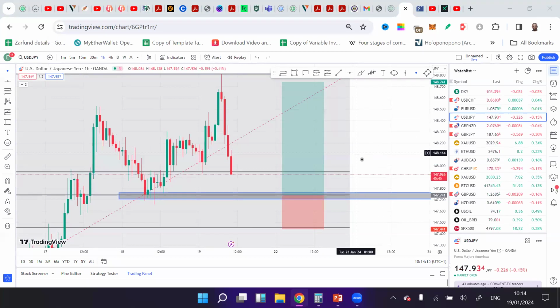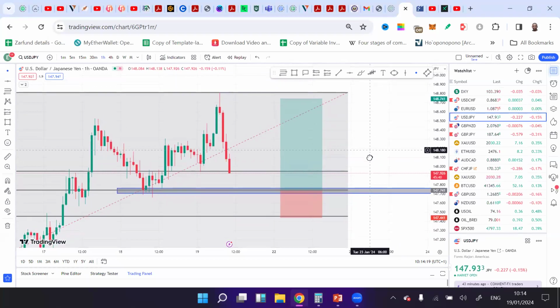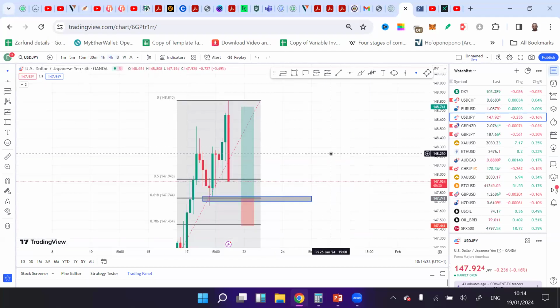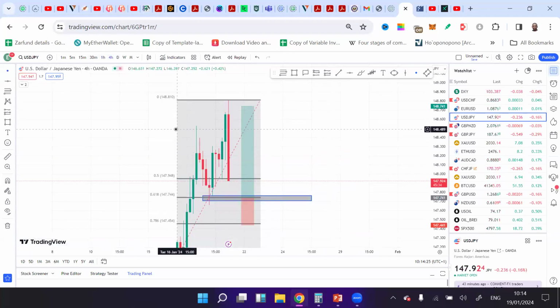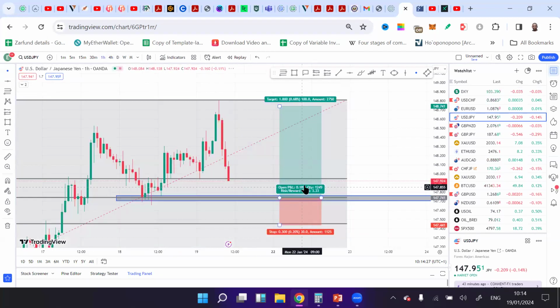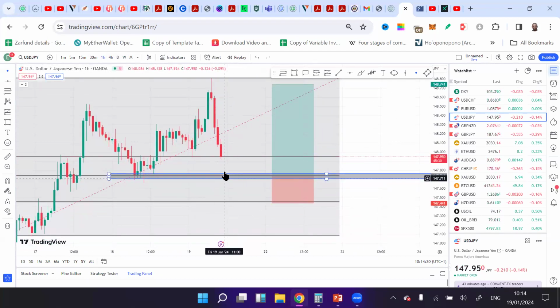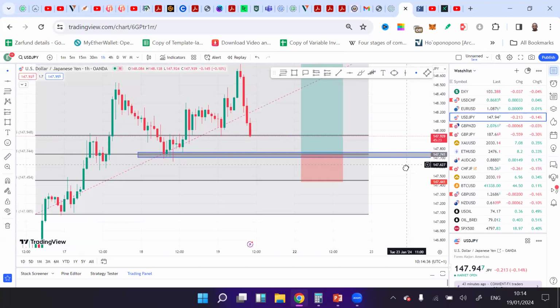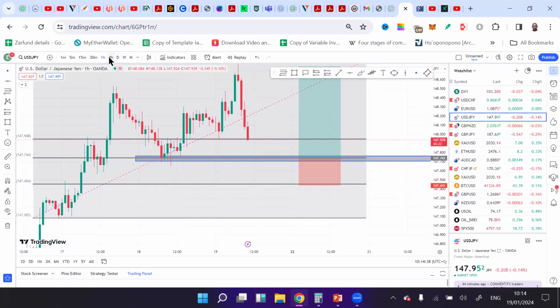Yeah, so this is USD-JPY, and USD-JPY has been selling a bit this morning. What we are expecting on USD-JPY right now is for price to hit this area here, and we'll buy from here. And why are we looking to buy? Because we are still in an uptrend on USD-JPY.